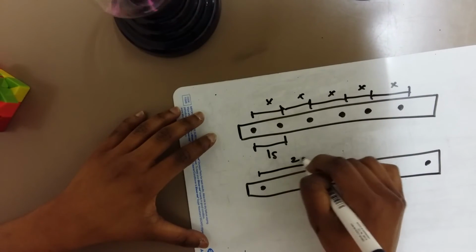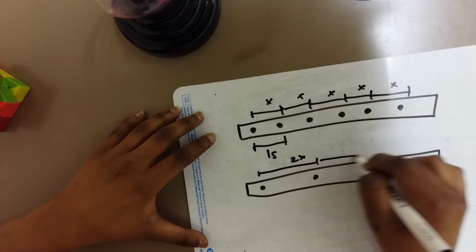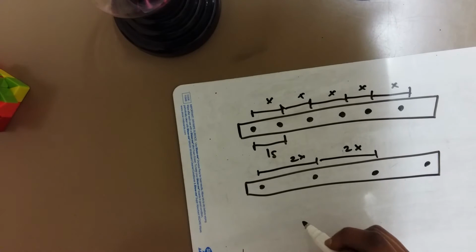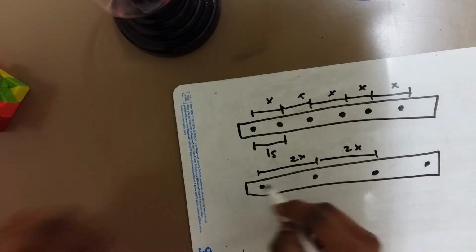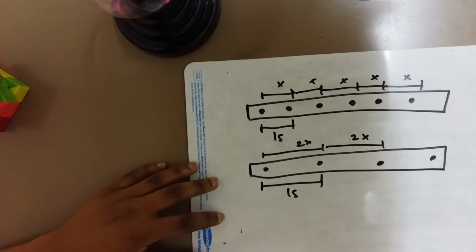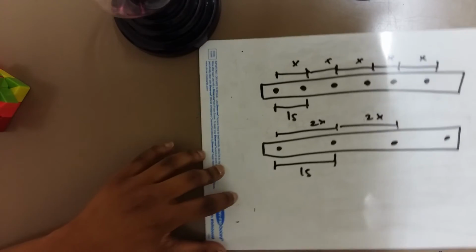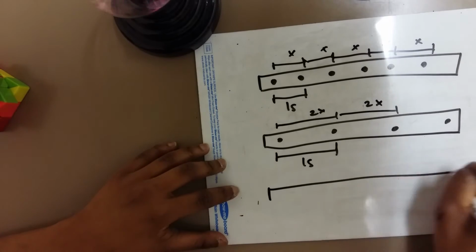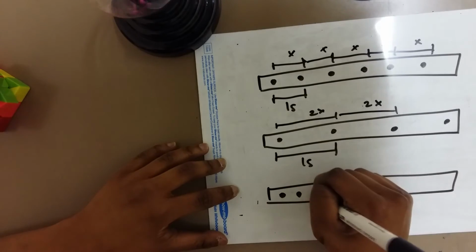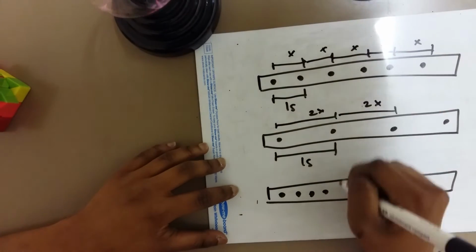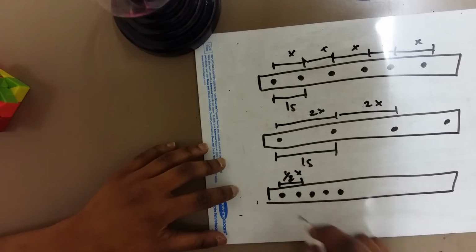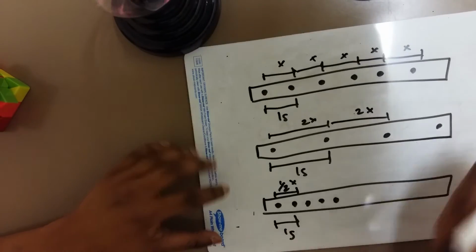Say this is 2x, in the same time period. So this is still 1 second. And if you did it at a much slower rate, then the dots would be much closer together, something like that. Call that half x. And this is still 1 second.